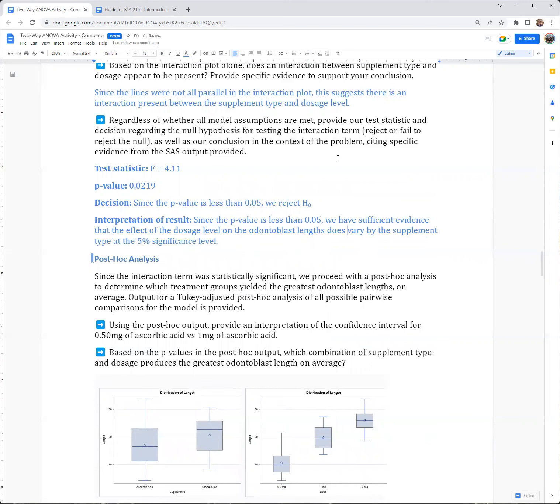So it's that it does. So here's our conclusion for the test of the interaction term. So in other words, the interaction was important and we should keep it in our model.